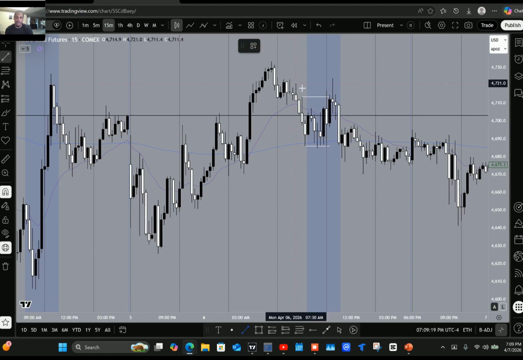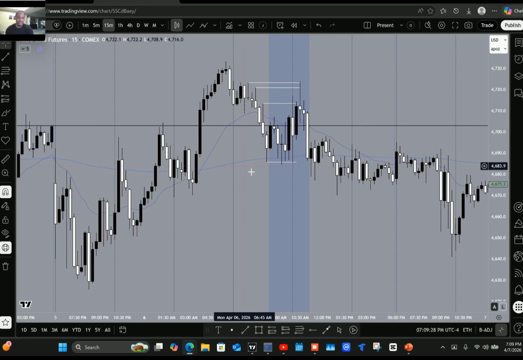So you can see we have a lot of swings that are being printed here. So price action already is kind of choppy and it's kind of messy. We can see that we also have a fair value gap right here. It's very small, so we're just gonna bypass that.